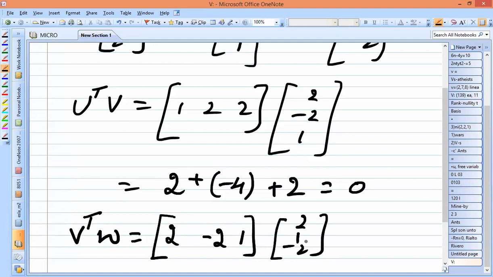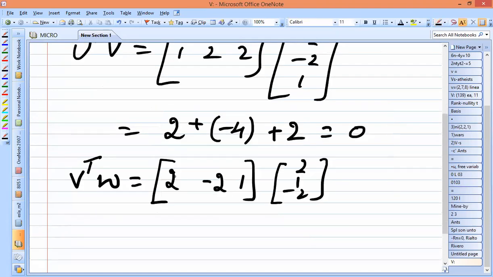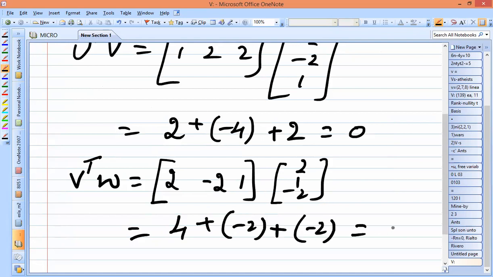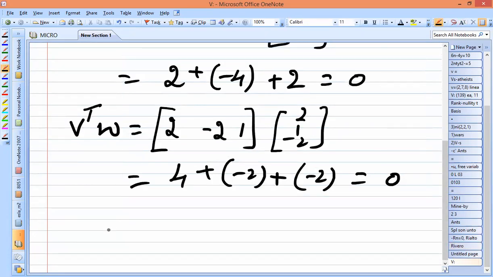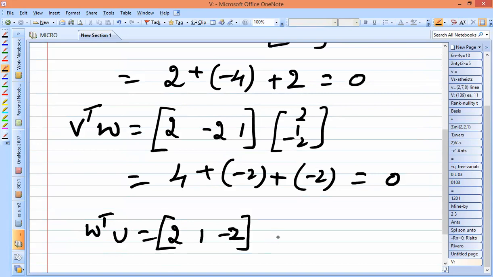Taking the matrix multiplication, it gives 2 into 2 is 4, plus minus 2 into 1 is minus 2, plus 1 into minus 2 is minus 2. Once again it results in 0. Similarly, we are left with U and W. Here you can use W transpose U. When you transpose W, we get the column elements in the row as 2, 1, minus 2, and U elements are 1, 2, 2.